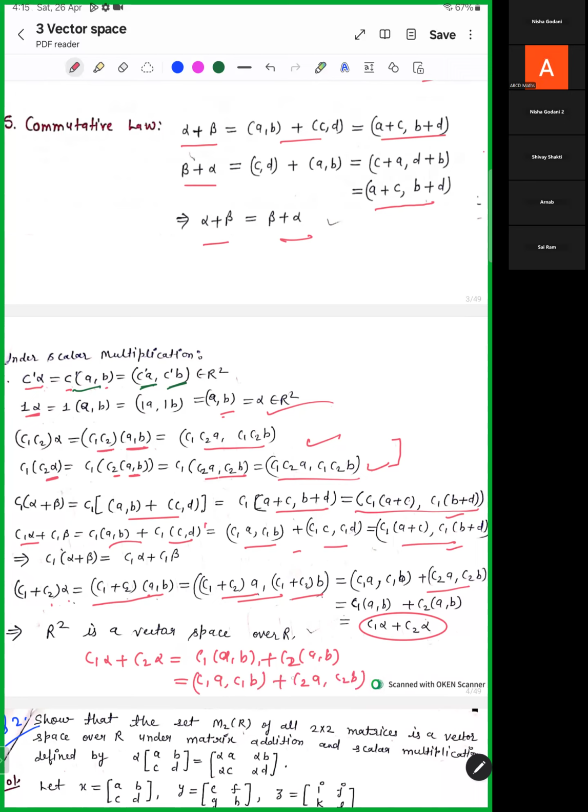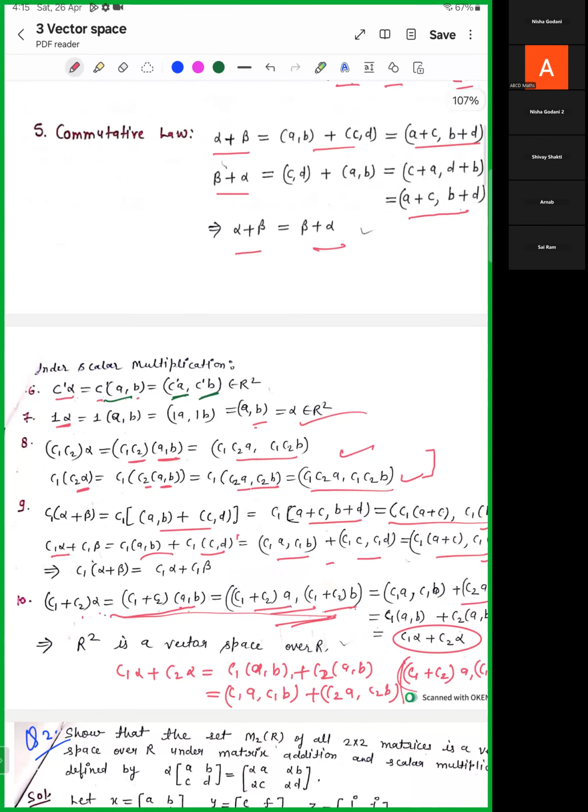Now if you add, you have C1 plus C2 times A comma C1 plus C2 times B. So you have this, which is already there. So you can find that both LHS and RHS are equal. So this 10th axiom, 10th property is also satisfied. This means R2 is a vector space.